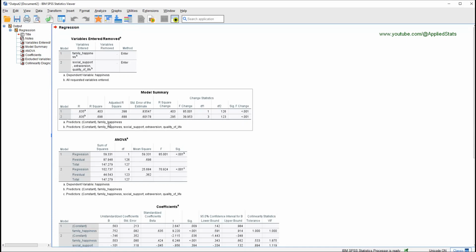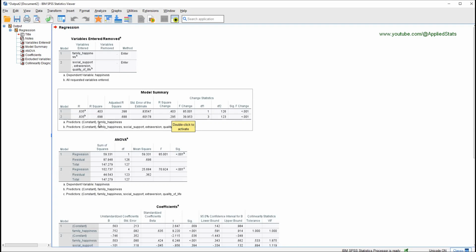So your first regression has only one predictor, your first block of predictors. In this case, we only have one predictor. And your second includes all the variables you entered in all of your blocks. We entered 1 variable in our first block and 3 variables in our second block. All of them are included in your second regression. So SPSS is reporting 2 regression analyses.